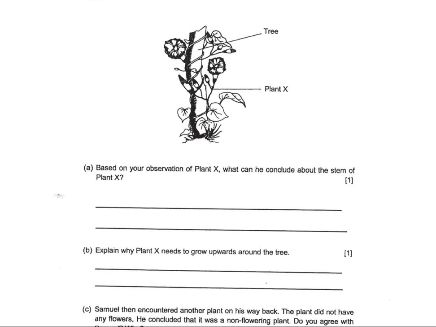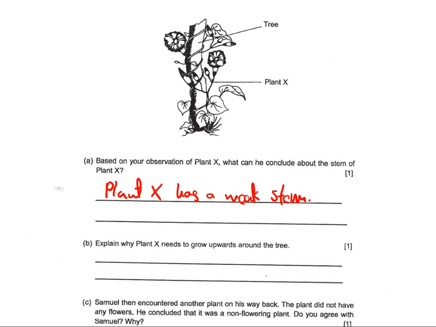So we can conclude that plant X has a weak stem because on its own plant X cannot grow upwards by itself. It needs something to help it climb like a ladder because it has a weak stem, okay? So this is what we can see. We see that it needs to wrap around something, and this is what we can conclude.